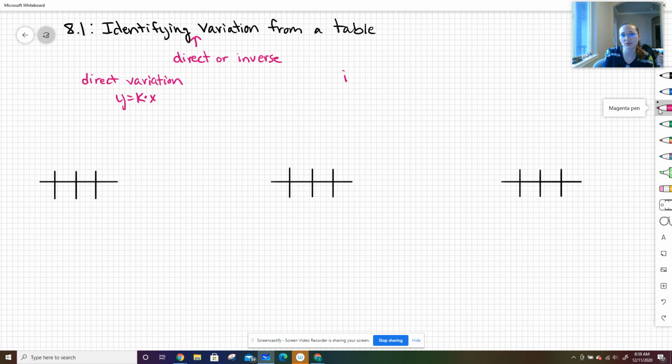And inverse variation typically looks like y equals k divided by x. Now the trick here when we have data, like let's take an example, x and y. We've got our x's and our y's: 3 and 9, 8 and 24, and 10 and 30.